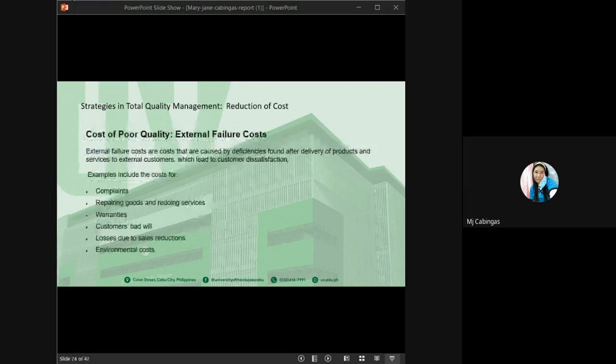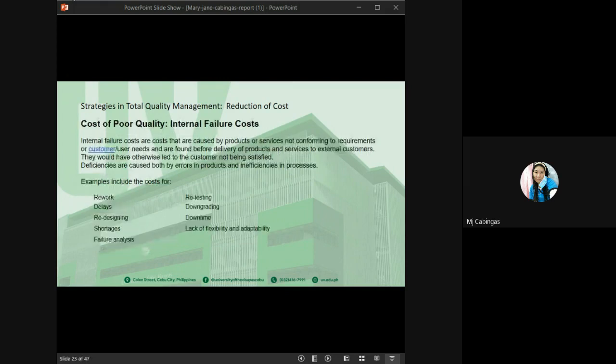And then, cost of poor quality external failure cost. So, external failure costs are costs that are caused by deficiencies found after delivery of products and services to external customers, which lead to customer dissatisfaction. So kani siya after na ni ang katong isa before.